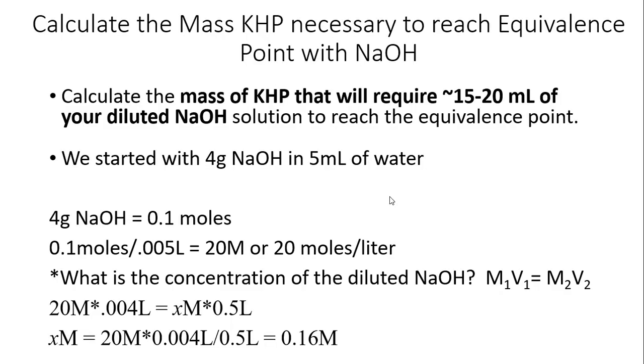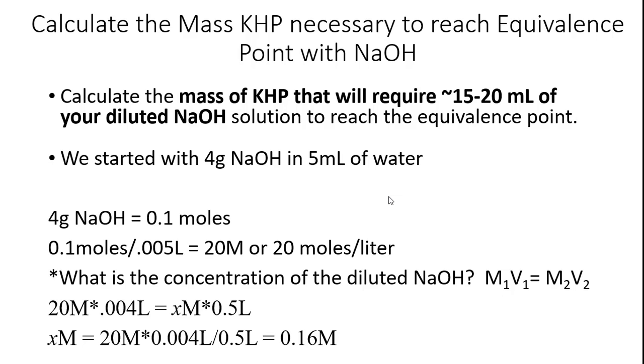So in this example, in your lab book, it asks you to calculate the mass of KHP that will require 15 to 20 mL of your diluted sodium hydroxide solution to reach the equivalence point. Well, first thing is we have to remember what the molarity of the sodium hydroxide diluted solution is. In the experiment, we started out by taking 4 grams of sodium hydroxide and dissolving that up in 5 milliliters of water.